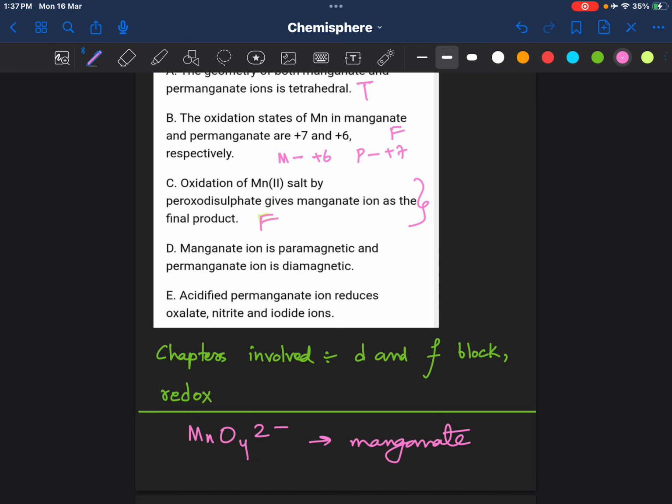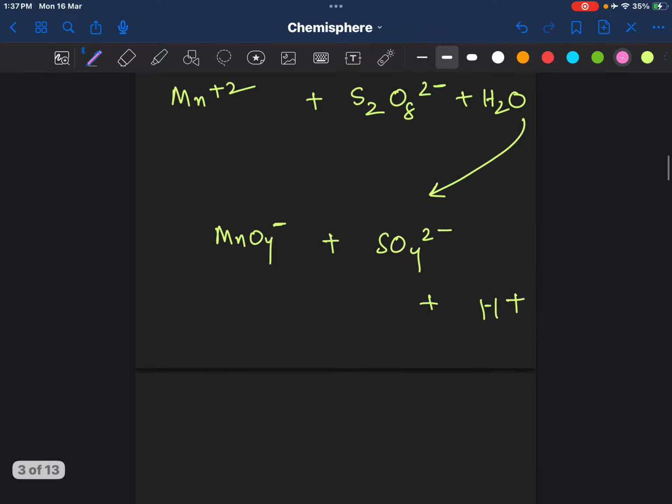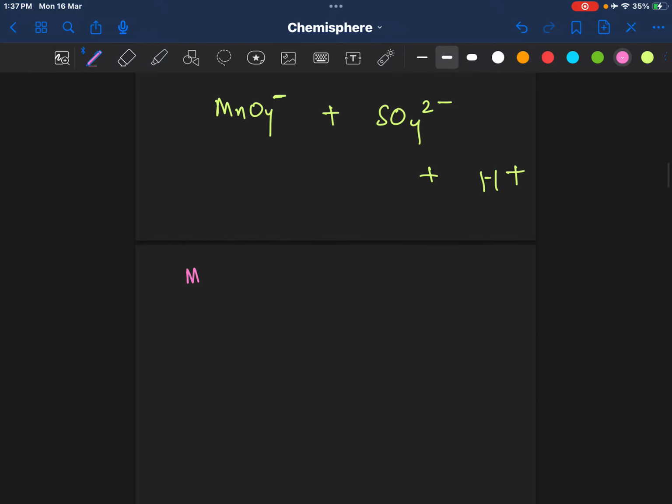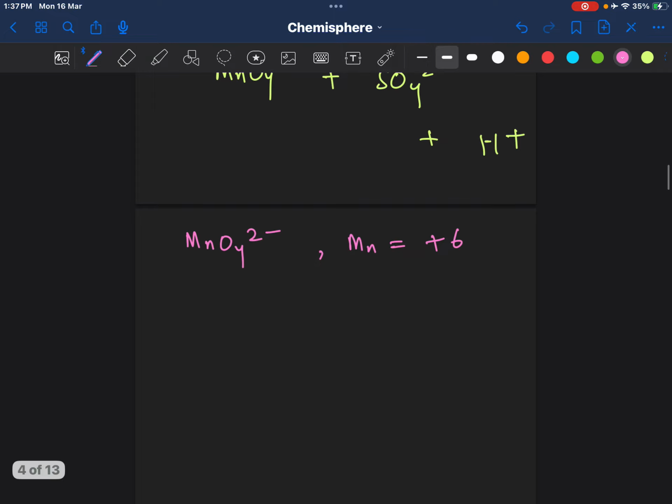Next, manganate ion is paramagnetic and permanganate ion is diamagnetic. Let's talk about manganate, MnO4 2 minus. The oxidation state of Mn is +6. The ground state configuration of manganese is 3d5 4s2.